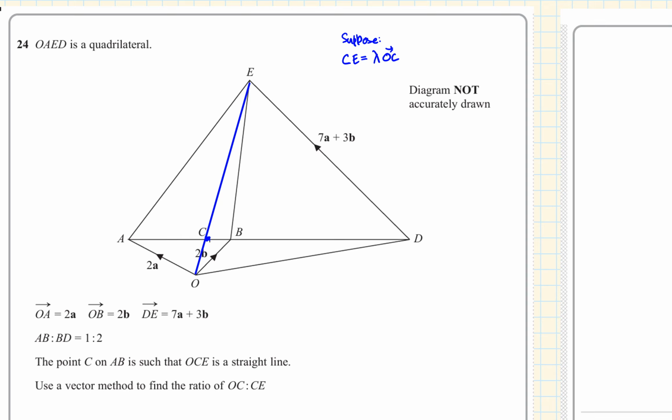So this is a vector. So vector CE is equal to lambda times vector OC. And then I would also assume that vector CD is equal to mu times AC.